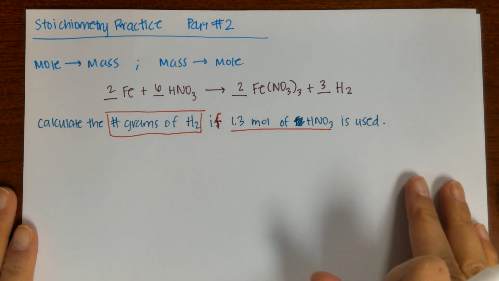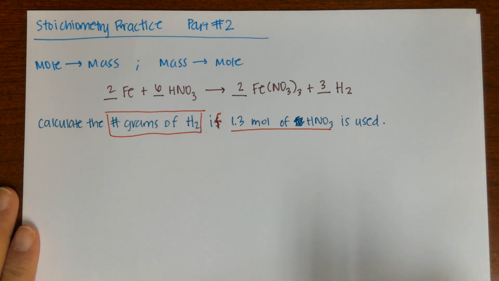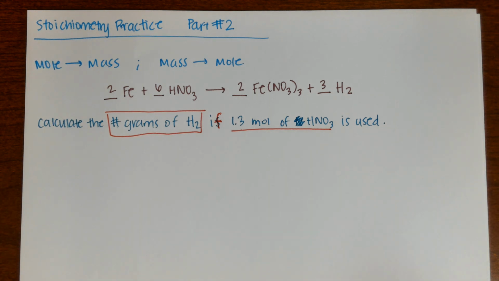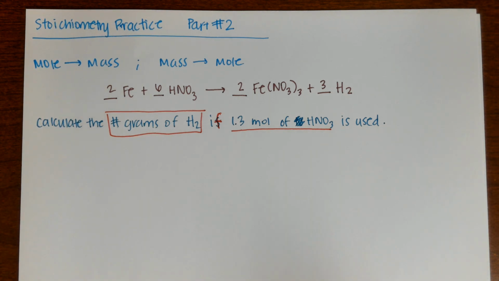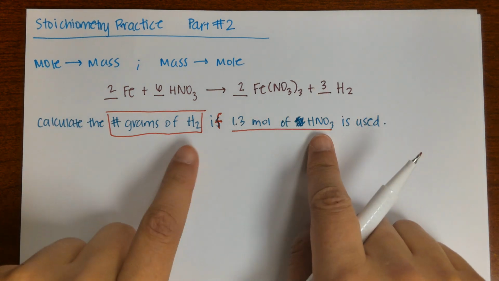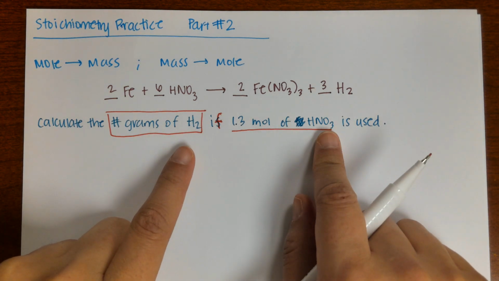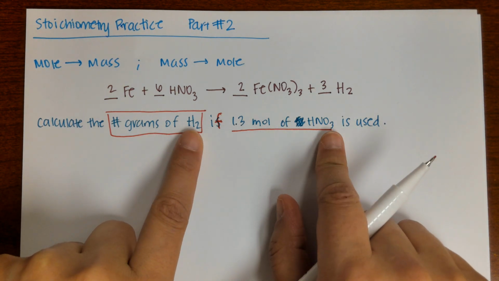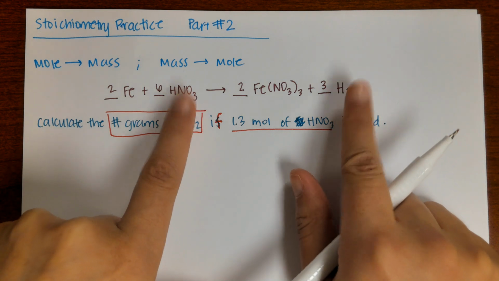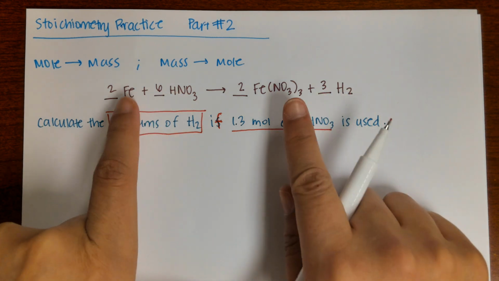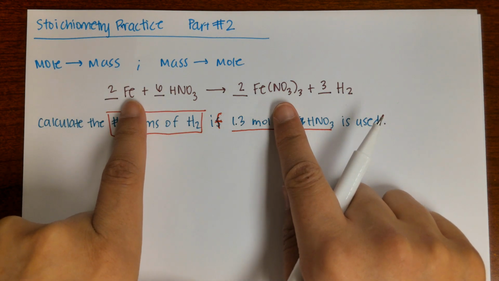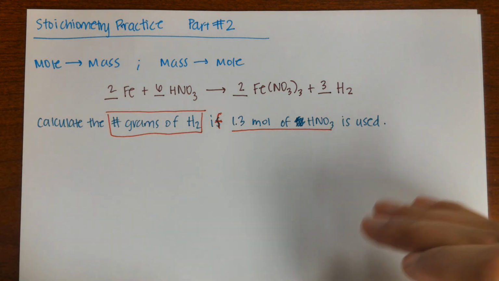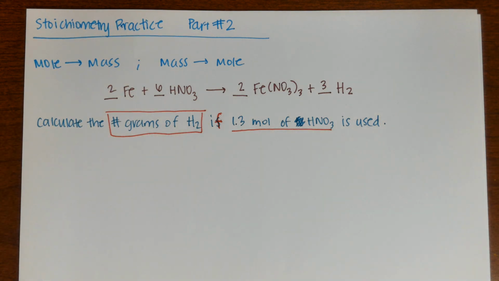Sometimes there will be extra information in the question, but that's why I like to underline or highlight or circle what we need to worry about. So we have nitric acid, HNO3, and H2 that we need to worry about. So these two things need to be in our train tracks. We don't worry about the other two, so that way you don't put the wrong molar mass or anything like that.